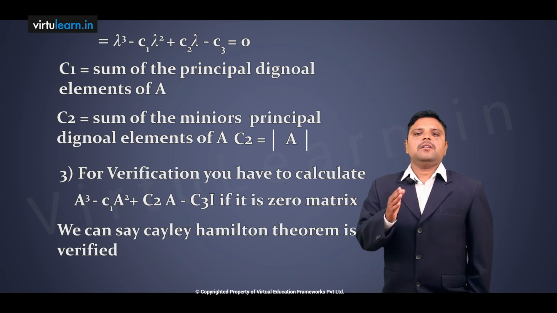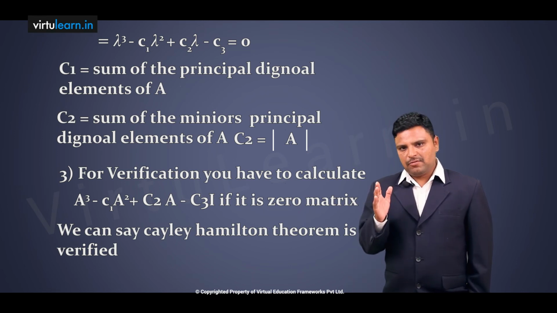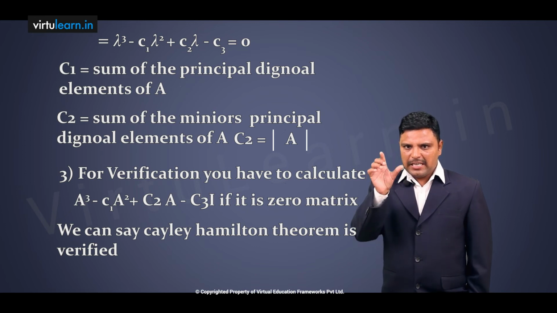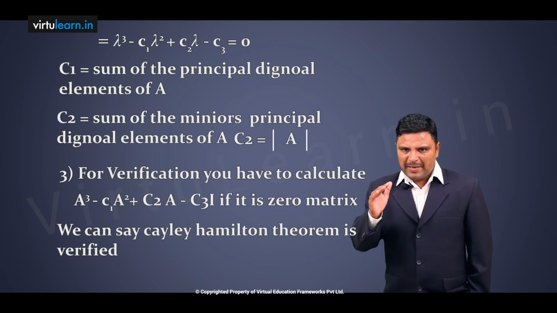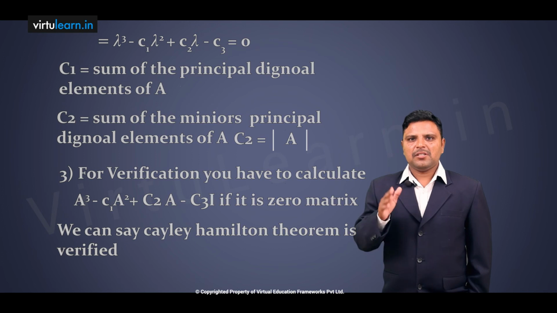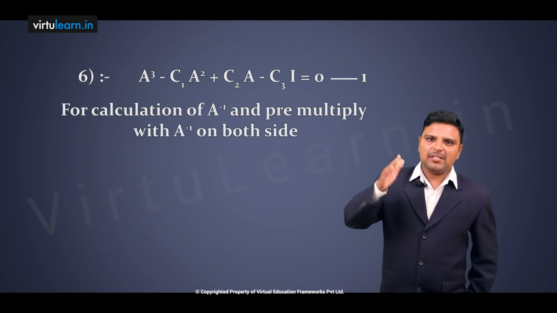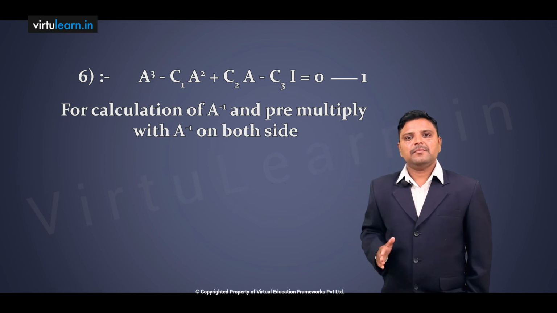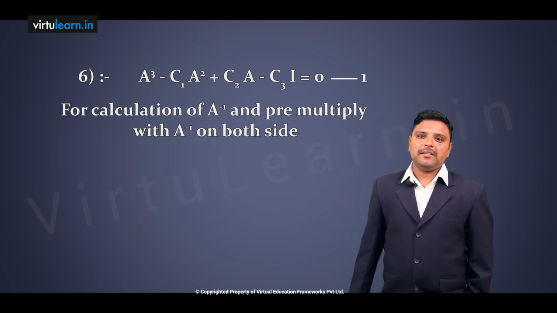Once again, for verification you consider the LHS part, lambda cube minus C1 lambda square plus C2 lambda minus C3, and replace lambda by A, giving A cube minus C1 A square plus C2 A minus C3 into I.